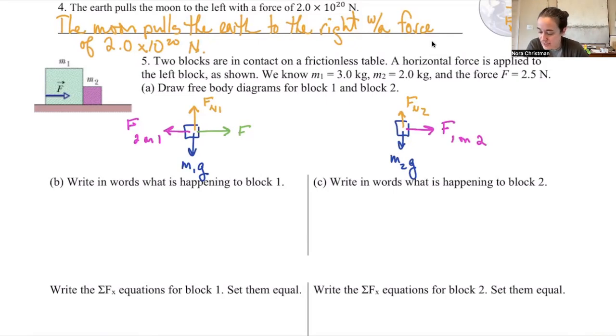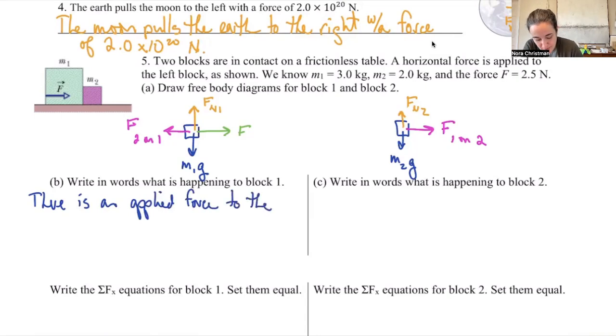So as far as what's physically happening for block 1, there is an applied force to the right. And since block 1 pushes on block 2, block 2 pushes on block 1.